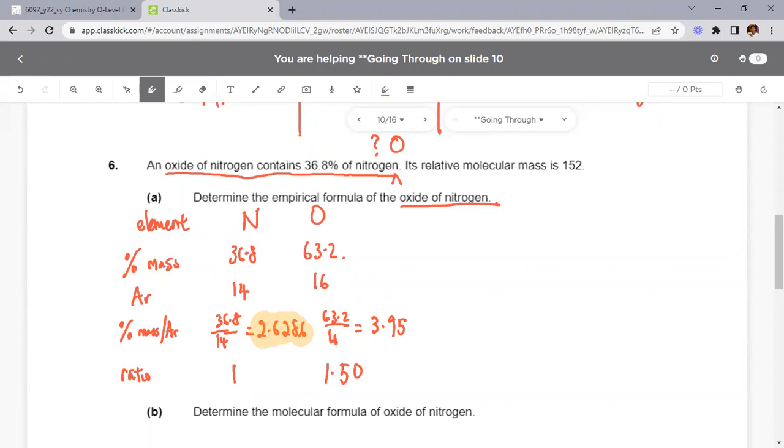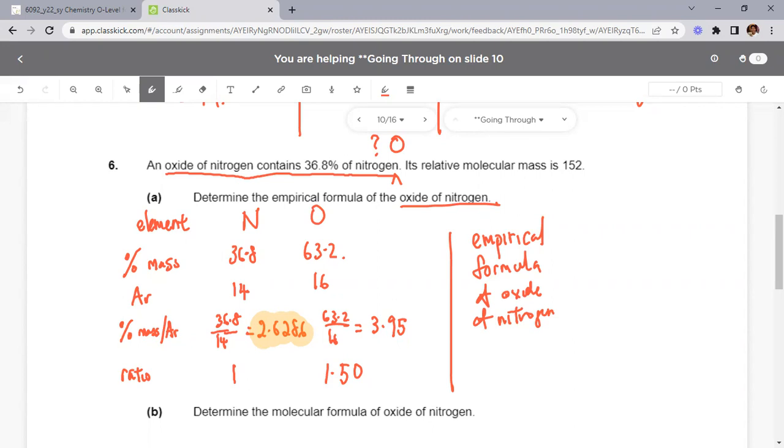Now, if you look at this, once again, this is the point where I'm going to say that for the empirical formula, you know that it cannot be a ratio. It cannot be a decimal. So therefore, the empirical formula of the oxide of nitrogen, those of you who wrote NO 1.5, nonsense.